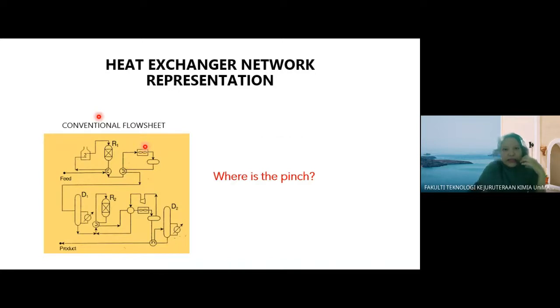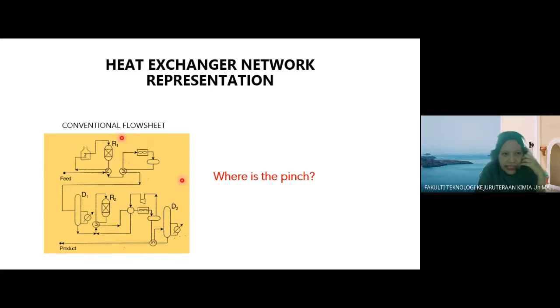Now, if you look at this figure, this is a conventional flow sheet of a certain process. You have two reactors here, but can you see where the pinch is? Cannot, right?